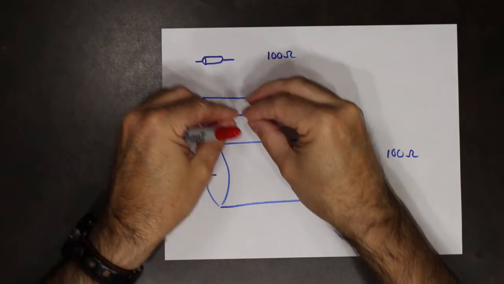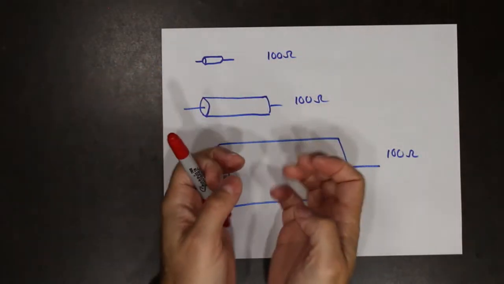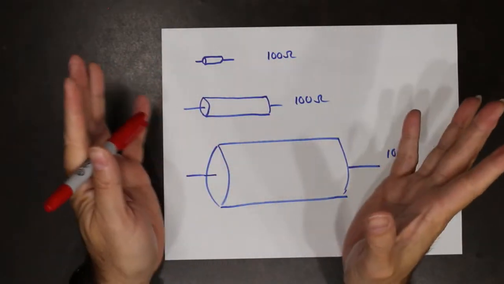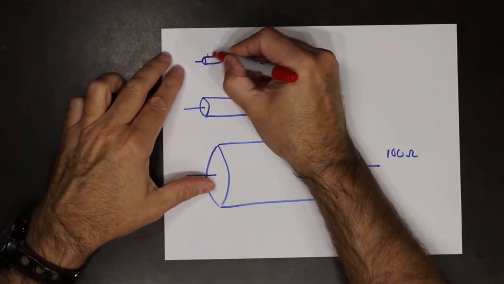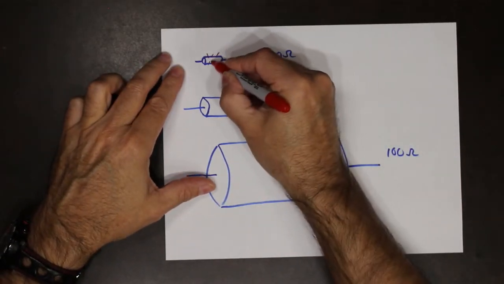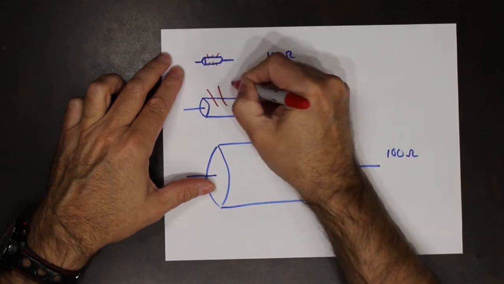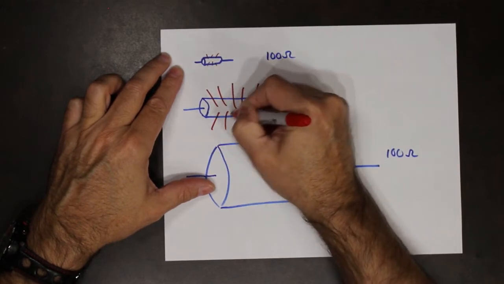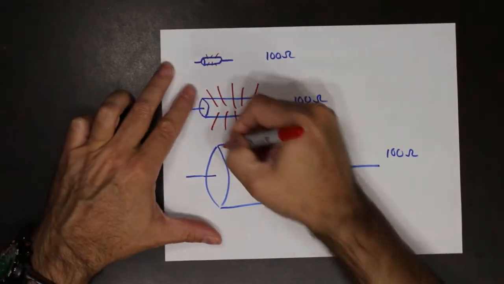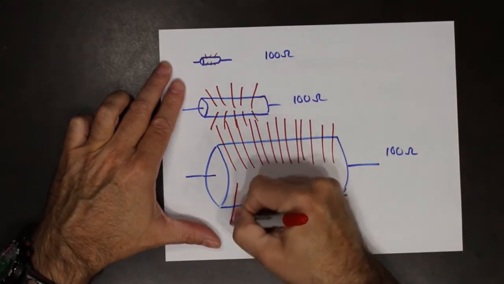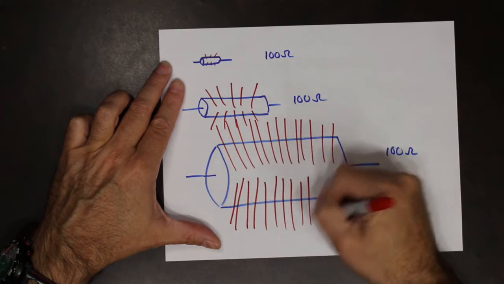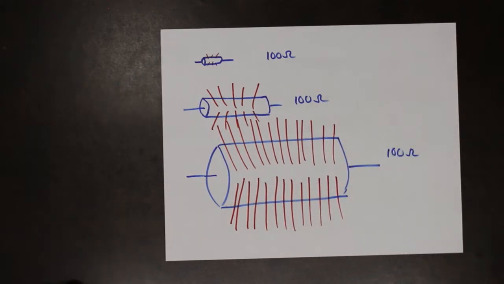The larger the surface area, the more heat we can get rid of. So with a small resistor, you can get rid of a little bit of heat. Bigger resistor, get rid of more heat. Bigger resistor, you get the idea.